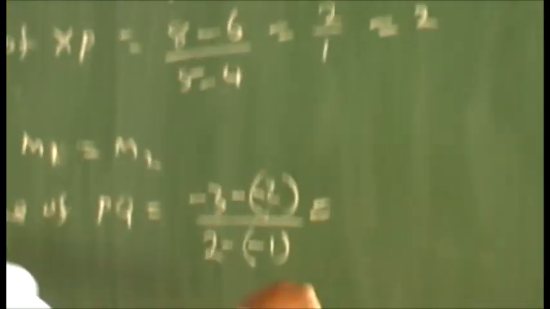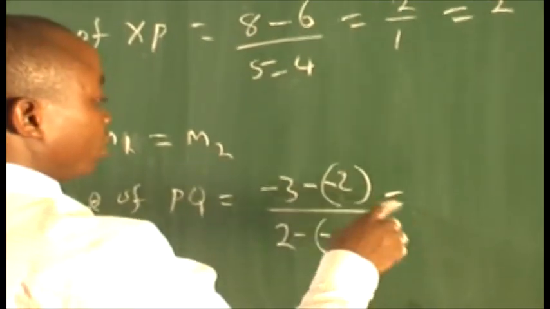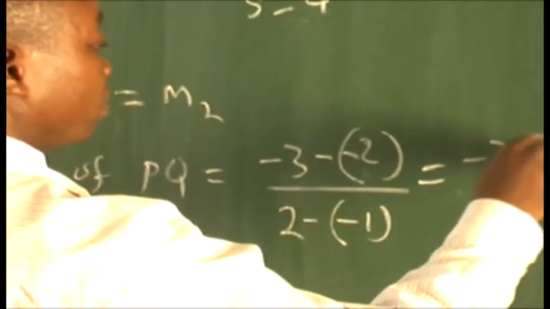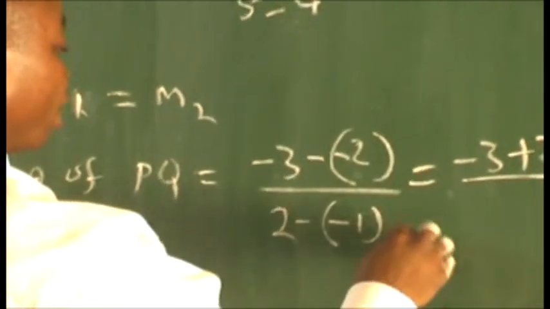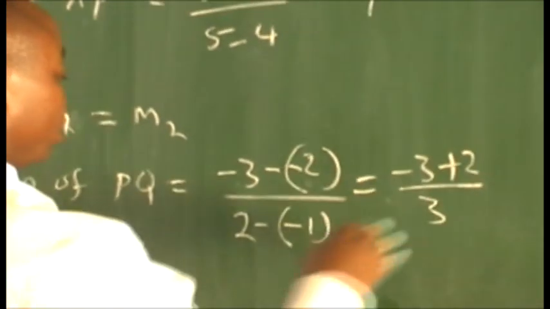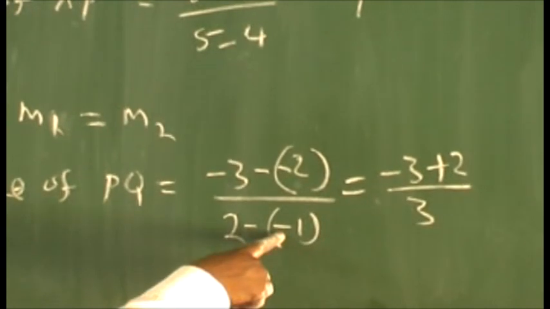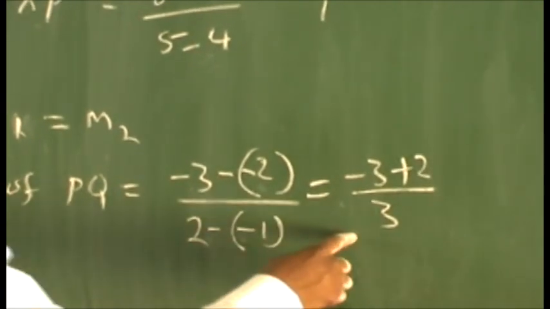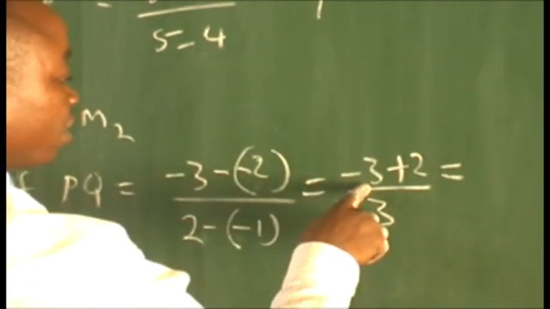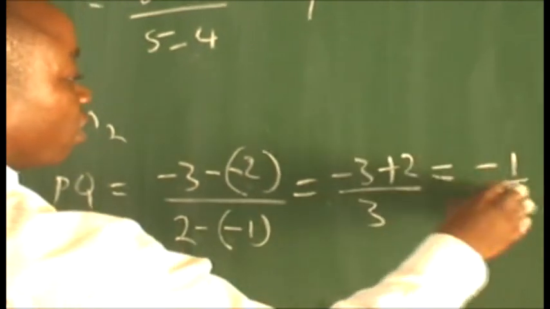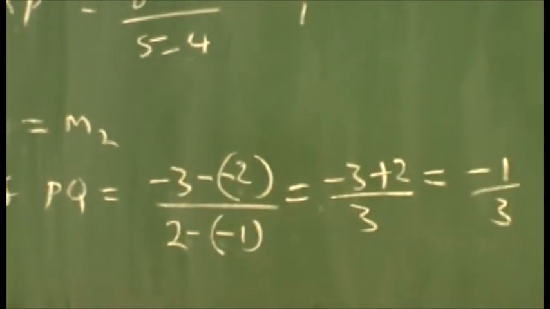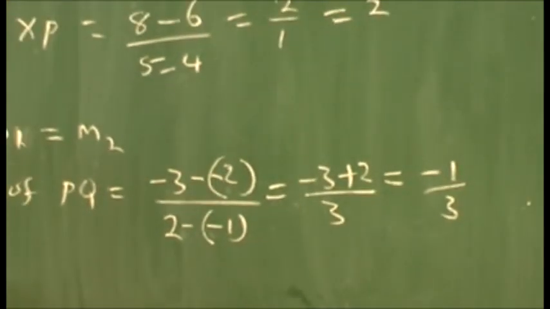So here we will have minus 3 plus 2 all over 3. So this gives us minus 1 all over 3. That's the gradient.